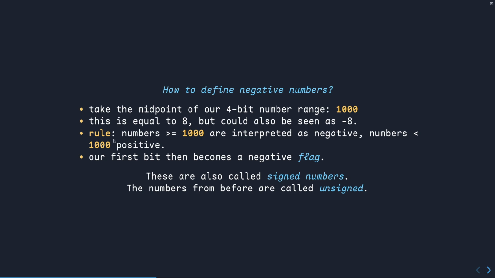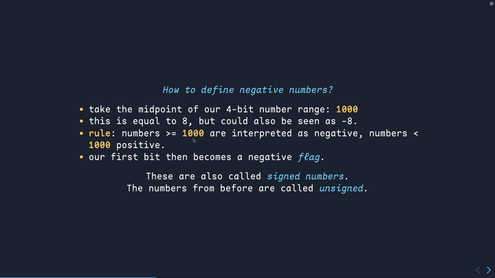So we can actually turn this into the following. Numbers above 1000 are interpreted as negative, and then the negative number they represent is 8 minus the bit representation of the remaining bits after that one. So that's how we do negative numbers.